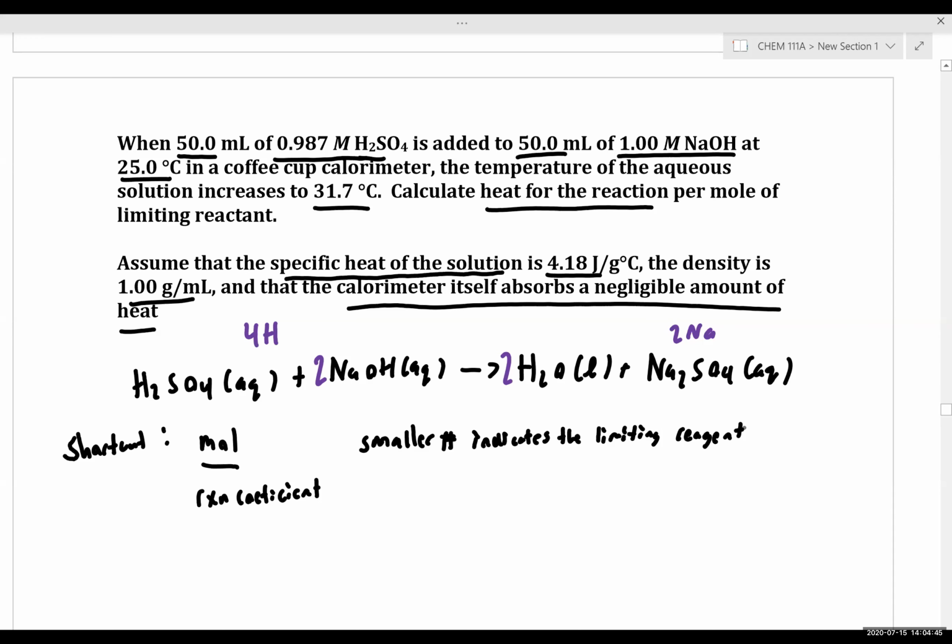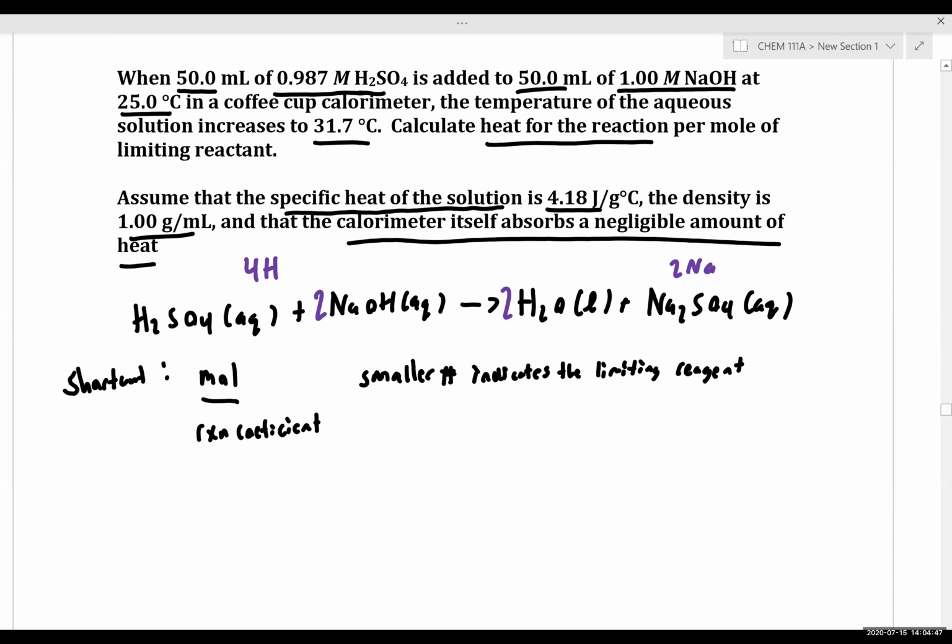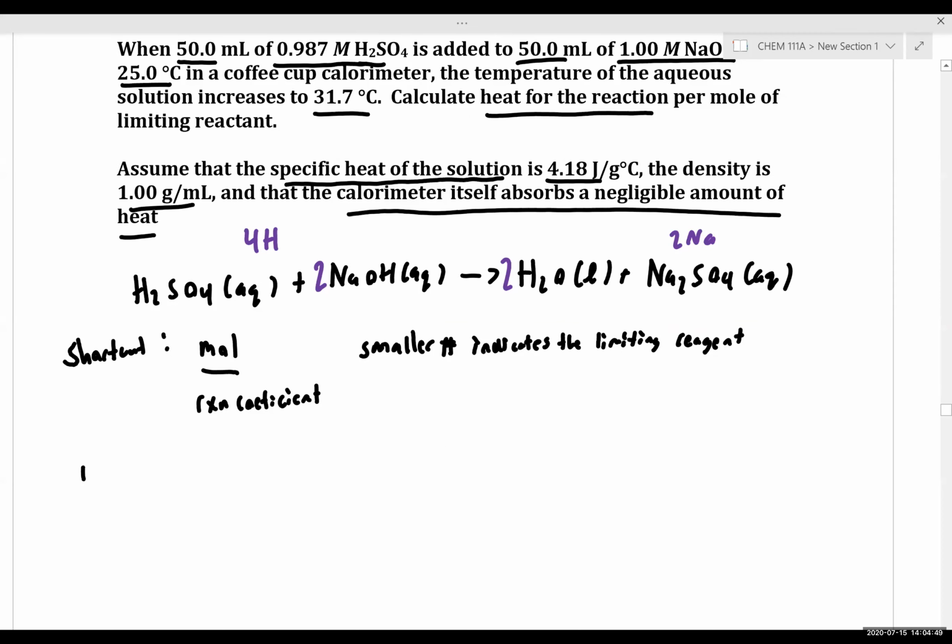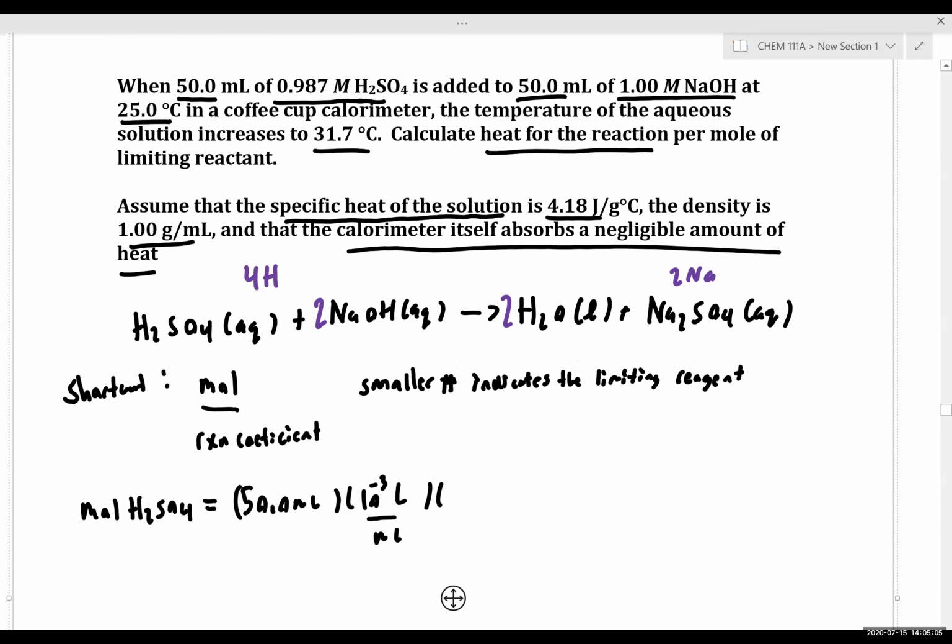Okay, so let's take a look at this idea. In this case, the moles of sulfuric acid are equal to 50.0 milliliters times 10 to the negative third liter per mL times 0.987 moles of sulfuric acid per 1 liter.